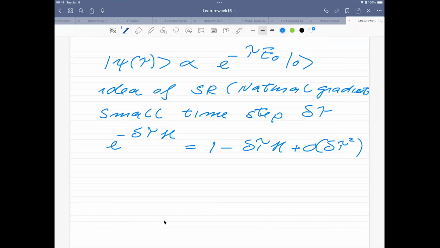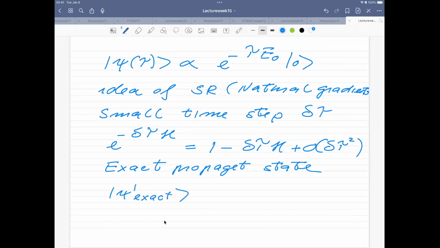So it means that the exact propagated state, and now we can use an ansatz. So I'm just going to call this psi exact. This is now approximated with 1 minus delta tau times the Hamiltonian, but then I let this act on the manifold of variational states.